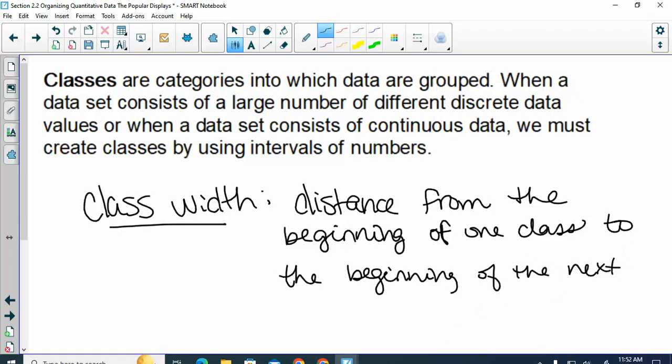So if I look at the example I just did, the class width, how wide our classes are, is how far it is from the starting of one class to the starting of the next. So what class width did I use? 10, because I started at 670 and the next one started at 680. So that's a distance of 10.